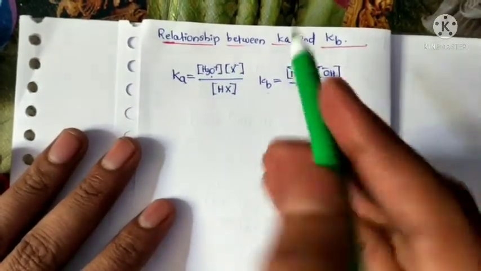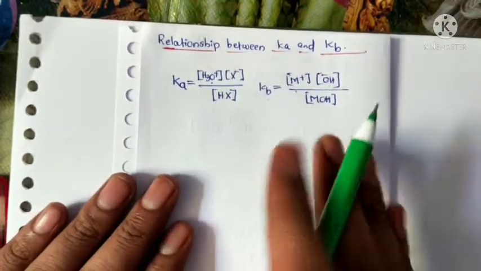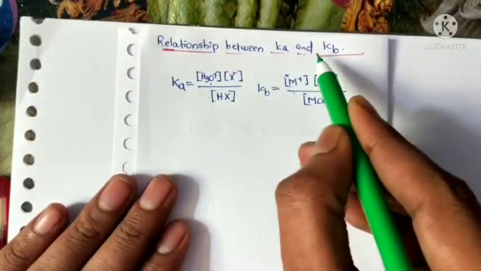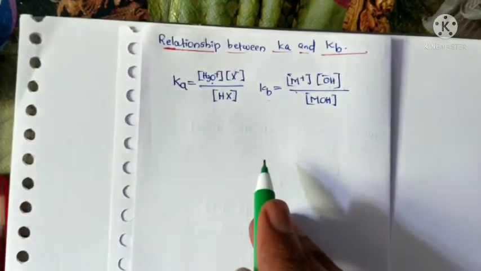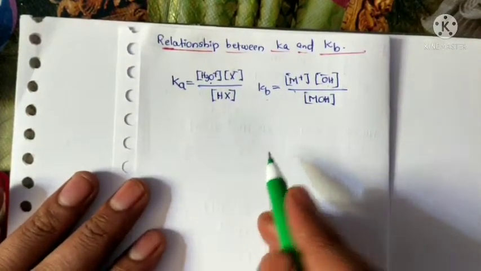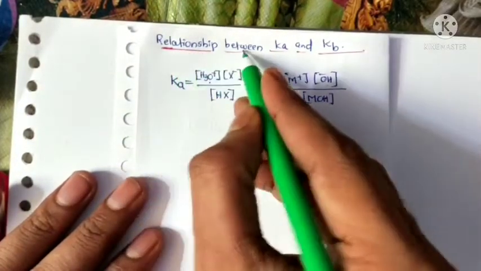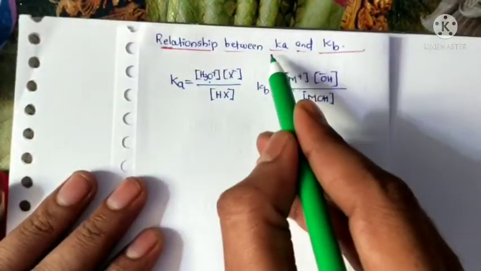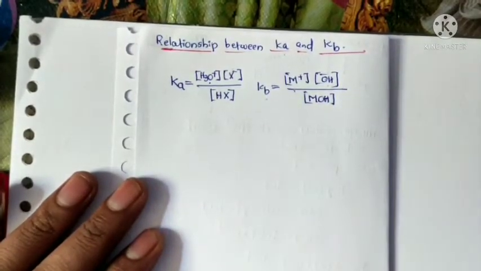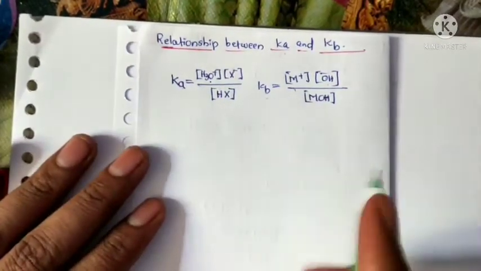Today we will discuss the relationship between Ka and Kb in a conjugate acid base pair. Bronsted explained the conjugate acid base pair.